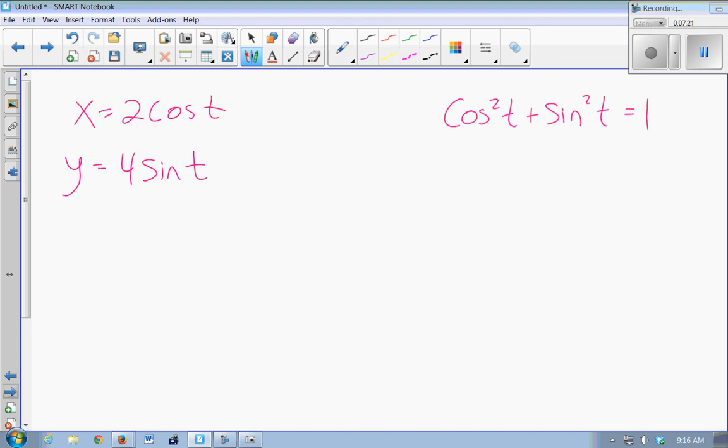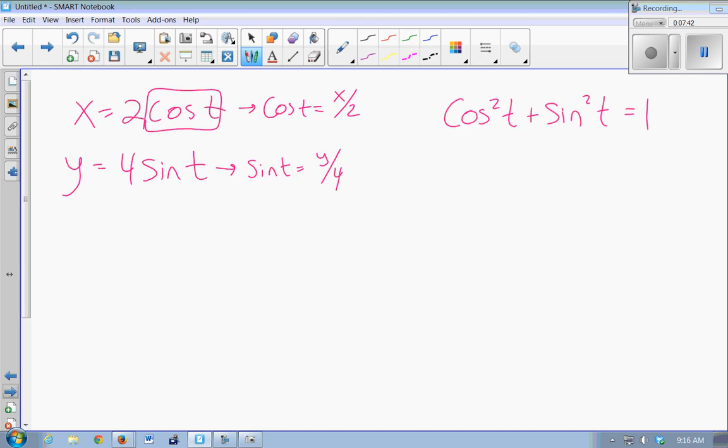I want to solve for cosine t and sine t and then substitute them into this identity. If I solve for cosine t, I divide both sides by 2, so I get x over 2. If I solve for sine t, I get y over 4.